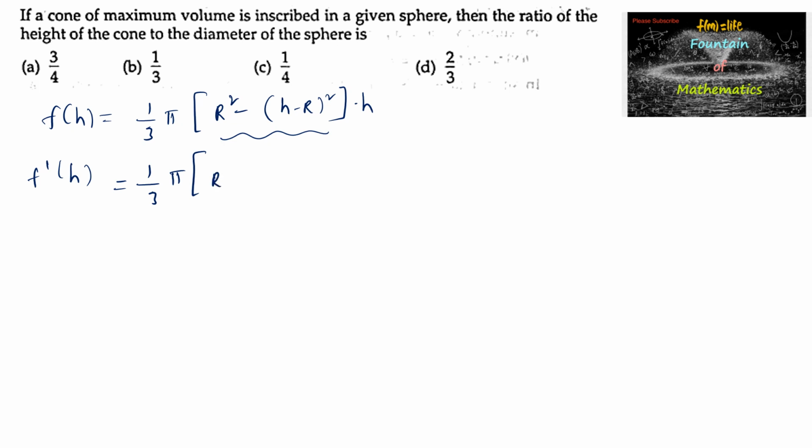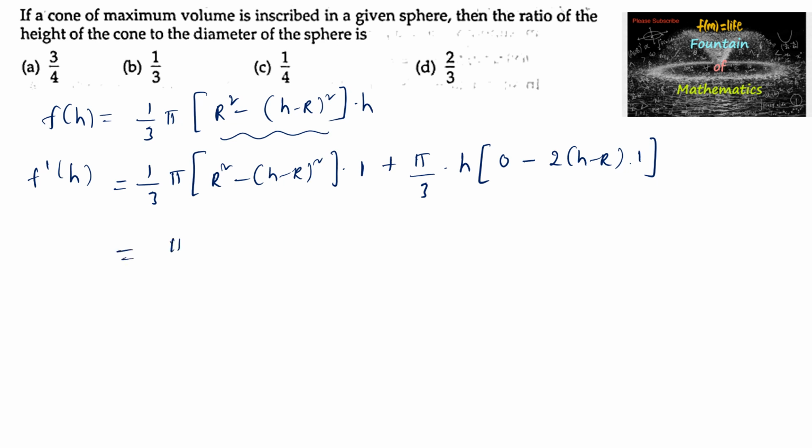H into (R square minus (H minus R) whole square) into differentiation of H, which is 1, plus pi by 3 into H into differentiation of R square, which is constant, so 0, and now minus 2 times (H minus R) into differentiation of H minus R, which is 1, with respect to H. So pi by 3 taken common, R square minus (H square minus R square plus 2HR), and again minus 2H square plus 2HR.